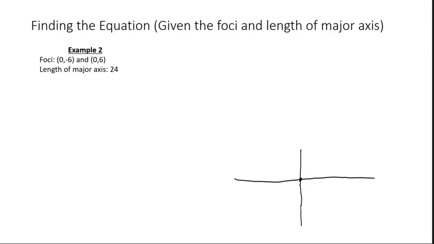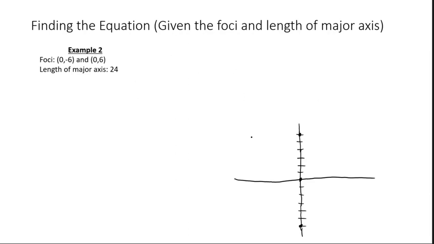X is 0, y is negative 6, 2, 3, 4, 5, 6 right here. And then up 6 for the other one. So it's going to look like that. And the length of the major axis is going to be 24. We can use this information to get an idea of our picture and what's happening.